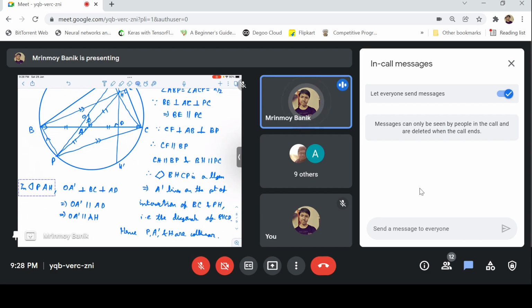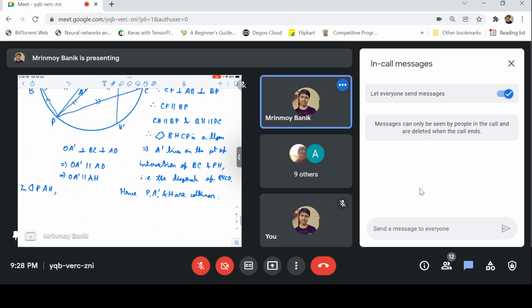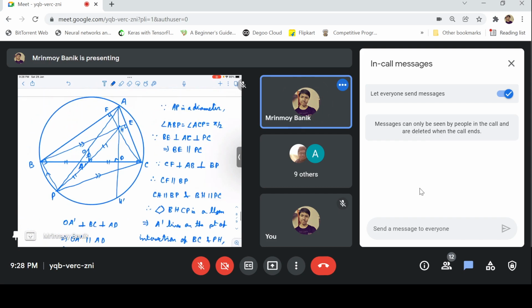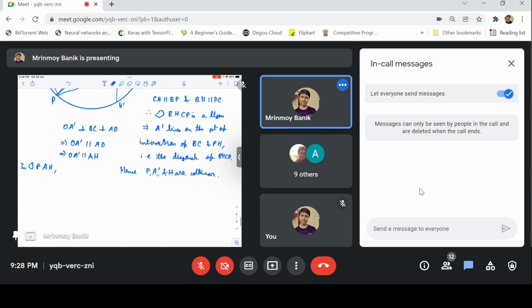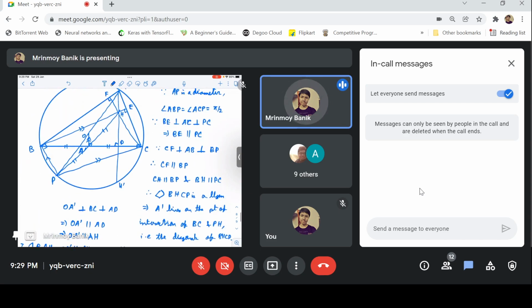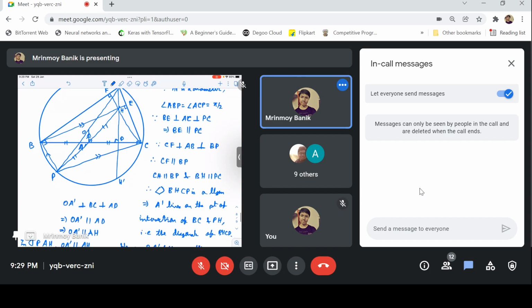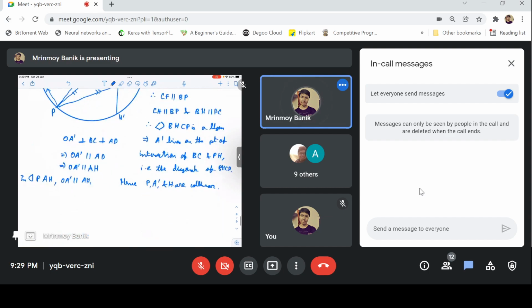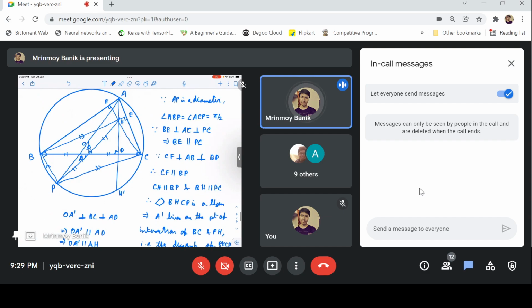So now in triangle PAH, OA bar is parallel to AH, and this is the midpoint. A bar is the midpoint of PH.